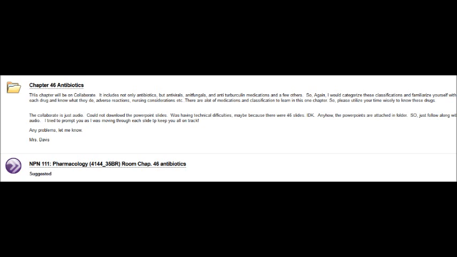And the last class of antiviral agents are Relenza, or let's talk about Tamiflu, also known as oseltamivir.